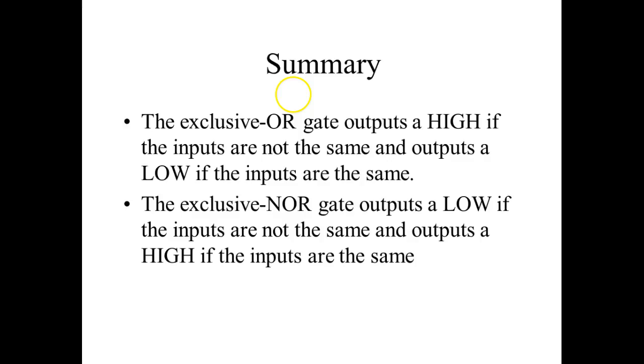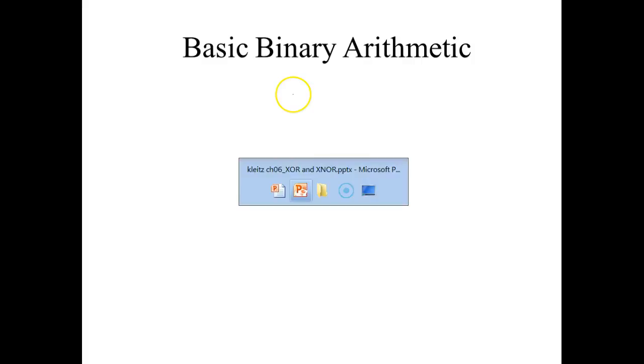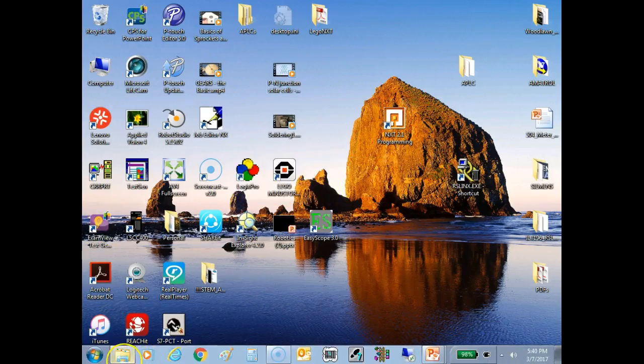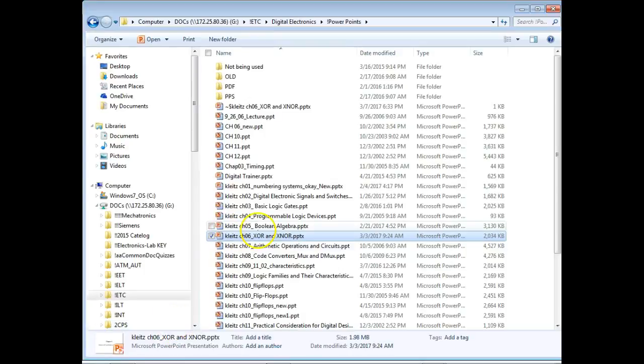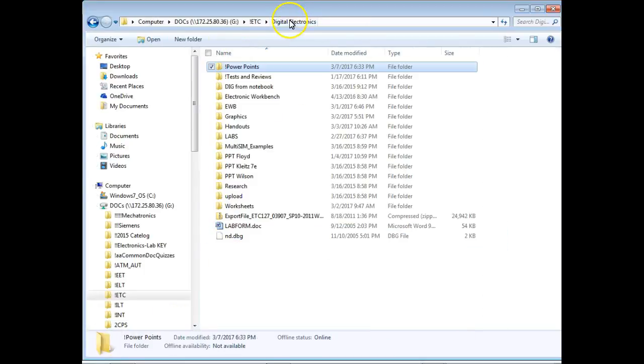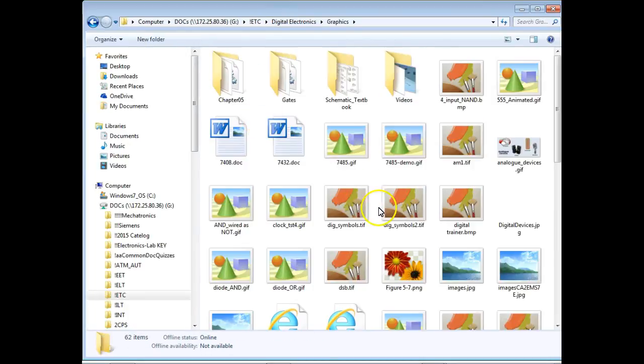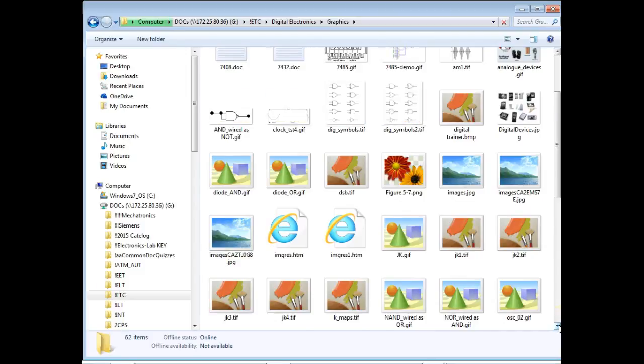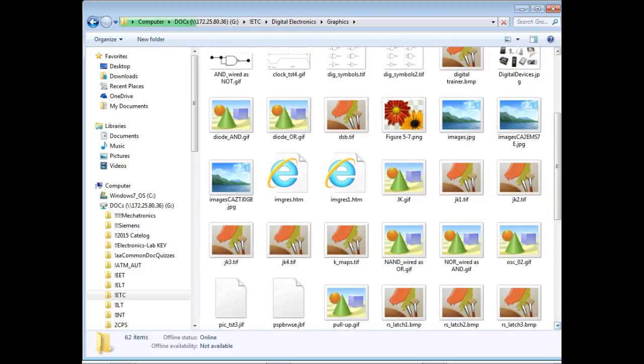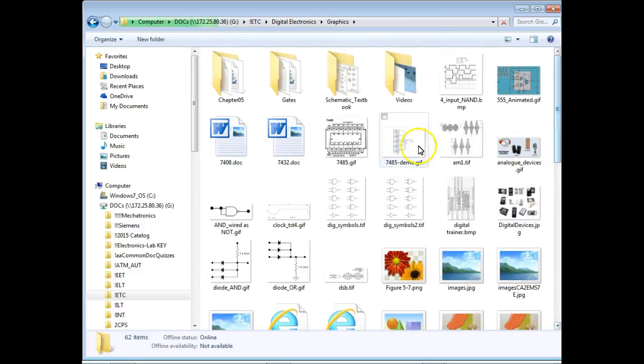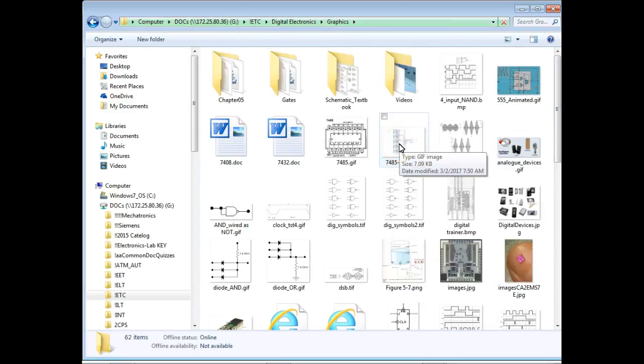If we want to get a feel of what's going on here, let's see if I've got it. I'm going to go to digital, and let's go to graphics. Let's see if we see a 7485 in here or not. We'll look it up on the internet. Sometimes I do things at home, and I forget to upload them. Okay, so this is a 74... no, that's what I showed the other day, where they string a bunch of them together.